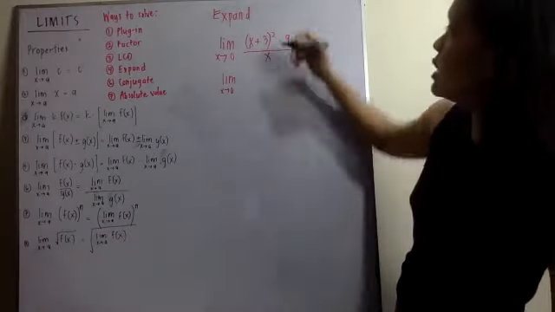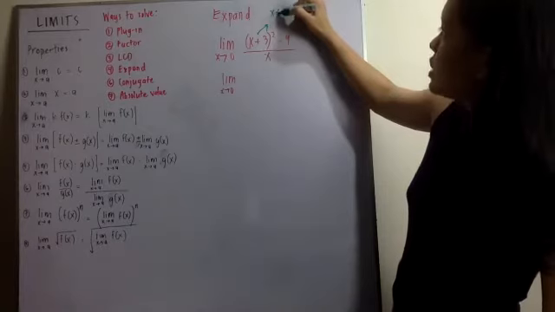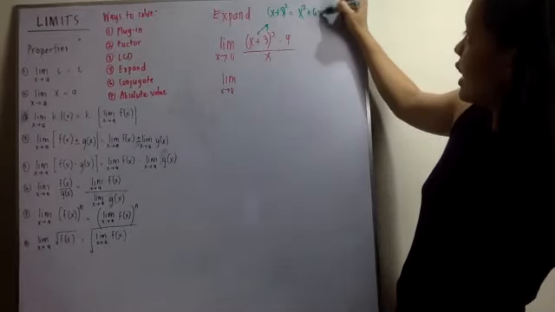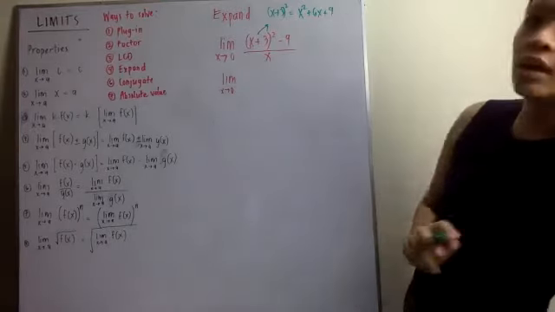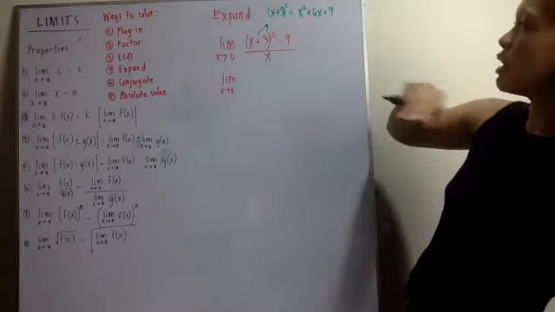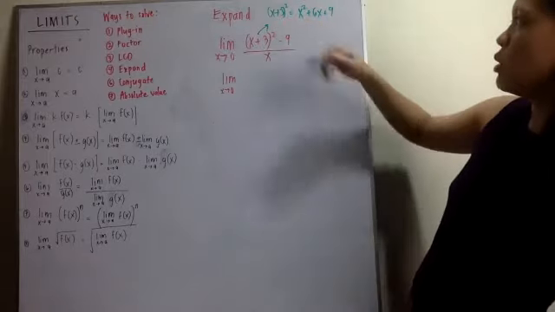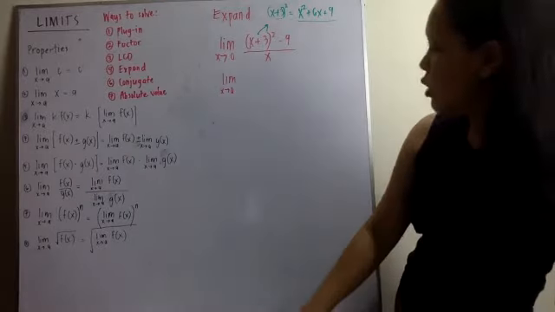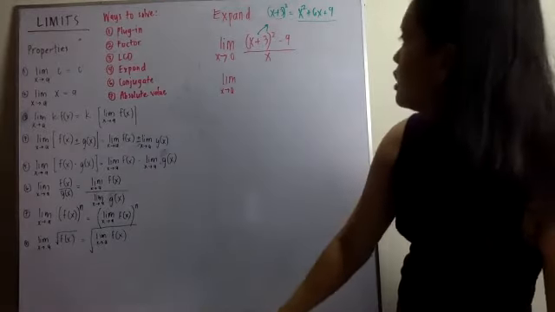Okay? If we expand this one, x plus 3 squared, that's equal to x squared plus 6x plus 9. Okay? Foil method lang. Bahala ka. Hayaan ko na kayo mag-review kung paano nyo yan nire-review. But if you square this one, ito yung makukuha. Okay? So, i-substitute natin yan dito.